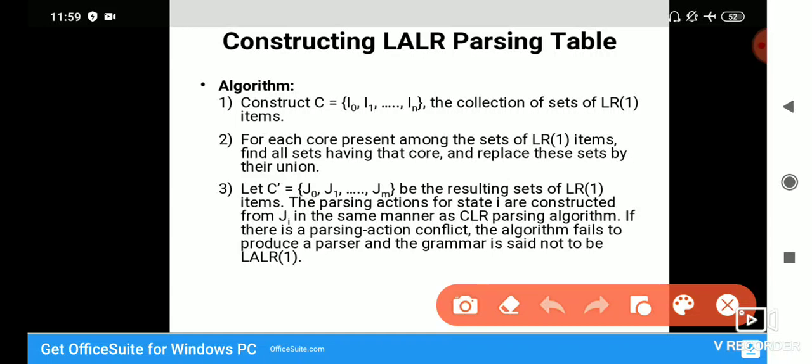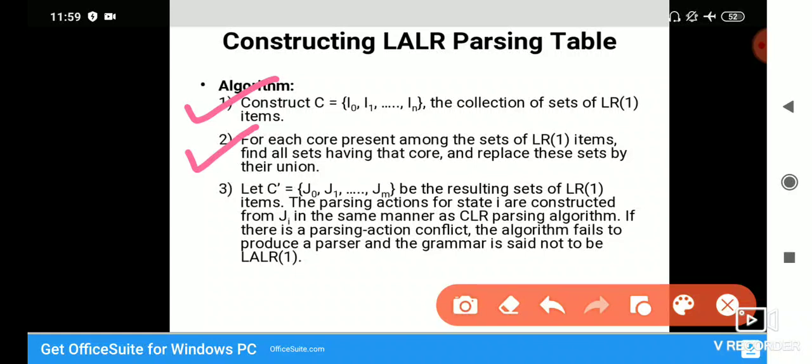After that, point number 1 is what I spoke about right now. Point number 2 says that for making LALR, we will try to find the same core among the first components of the sets.